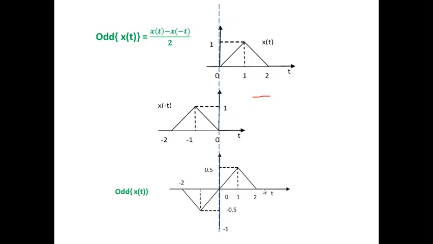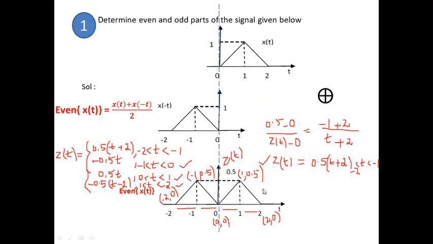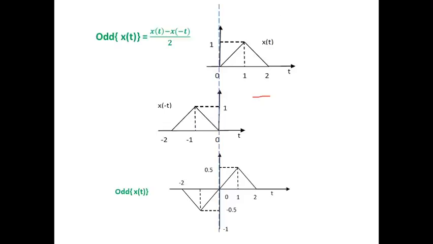See, just like how we did for the previous case, you can also try plotting the odd part of the signal, or get the equation for the odd part of the signal by taking the intervals: minus 2 comma minus 1, then minus 1 to 0, 0 to 1 and 1 to 2, and you can find out the expressions, right?